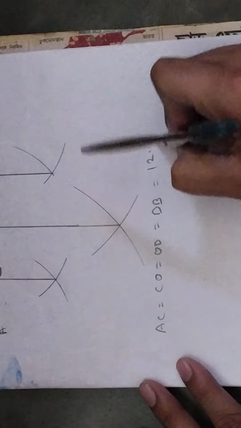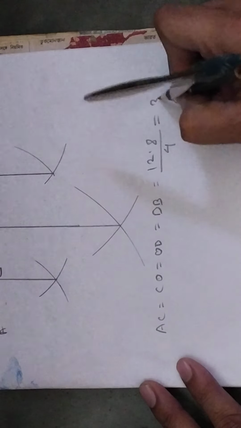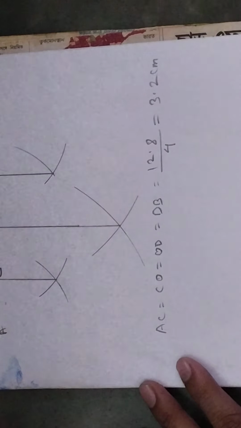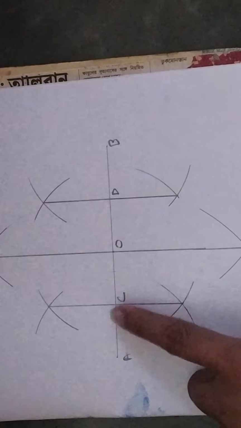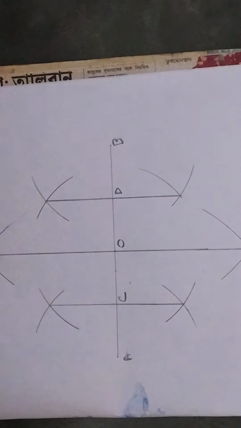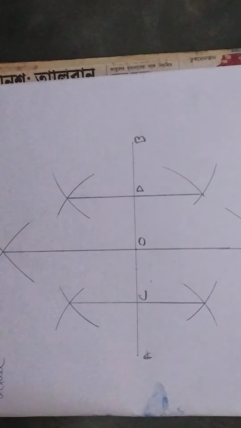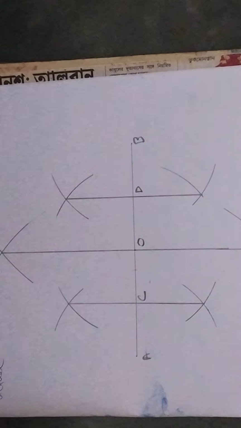Total length is 12.8 and we are dividing into 4 equal parts. So divided by 4, how much will it come? 3.2 centimeter. 4 3s are 12, 4 2s are 8. So if you measure with the scale, all these 4 equal parts will come 3.2 centimeter. You can check by measuring with the help of your scale.